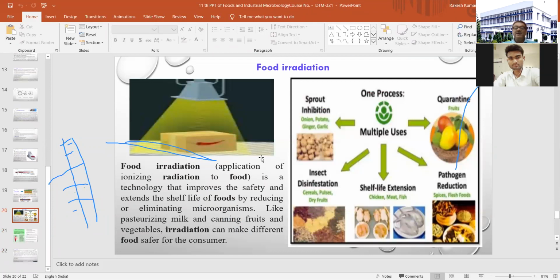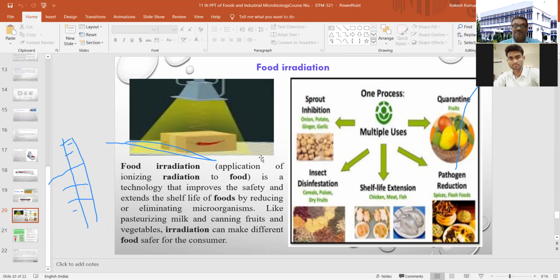Now the last one, which is the most acceptable and widely used in the food industry: the food irradiation method. Food irradiation, the application of ionizing radiation to food, is a technology that improves the safety and extends the shelf life of food by reducing or eliminating microorganisms.